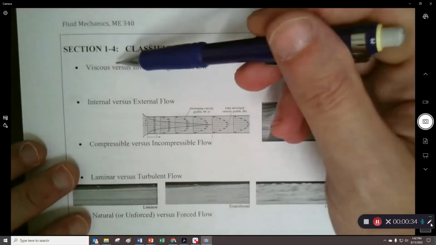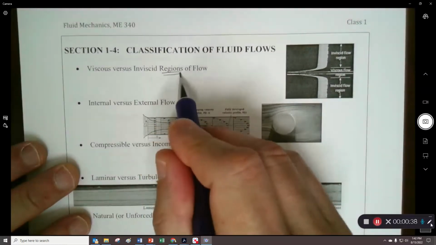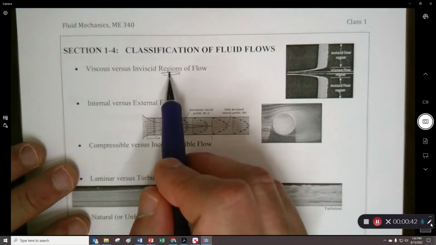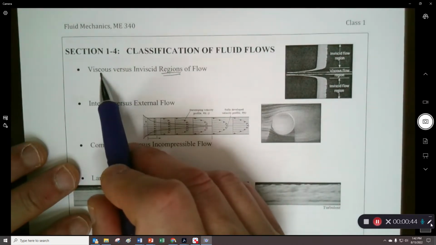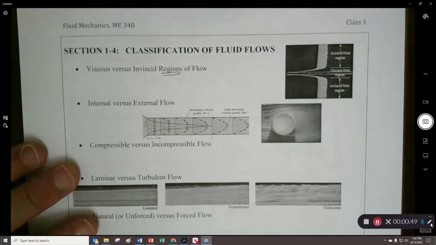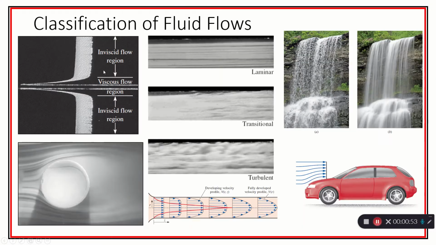So we have viscous versus inviscid regions of flow. We're talking about regions where the viscosity matters and where it doesn't matter. You can see from this picture, right here we have regions. In the location where we're close to this plate, this is the viscous flow region because viscosity matters here.